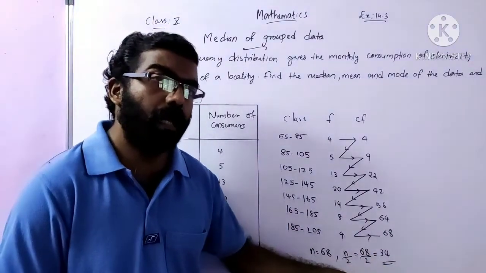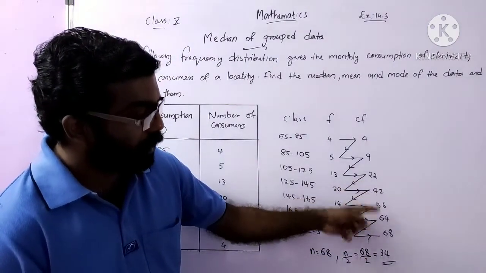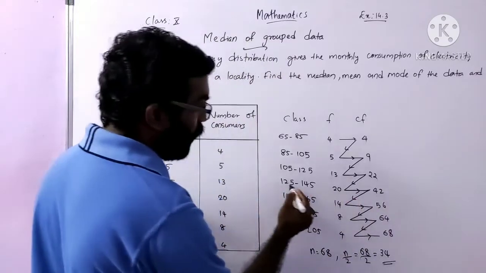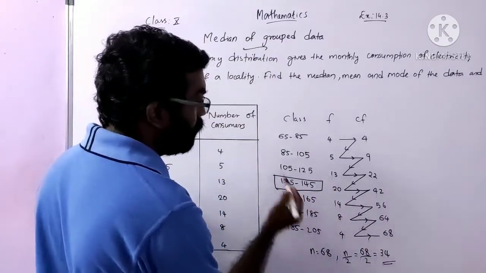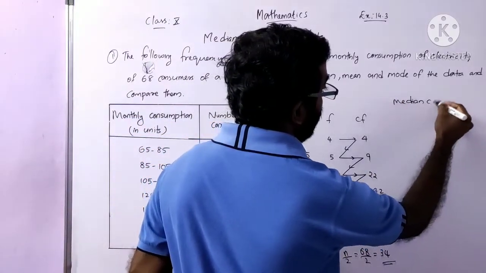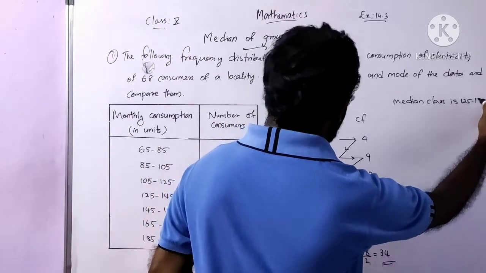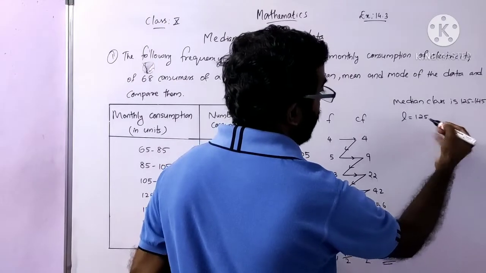It is 42. So the corresponding class is called the median class. Here the median class is 125 to 145, and L is the lower limit of the median class.